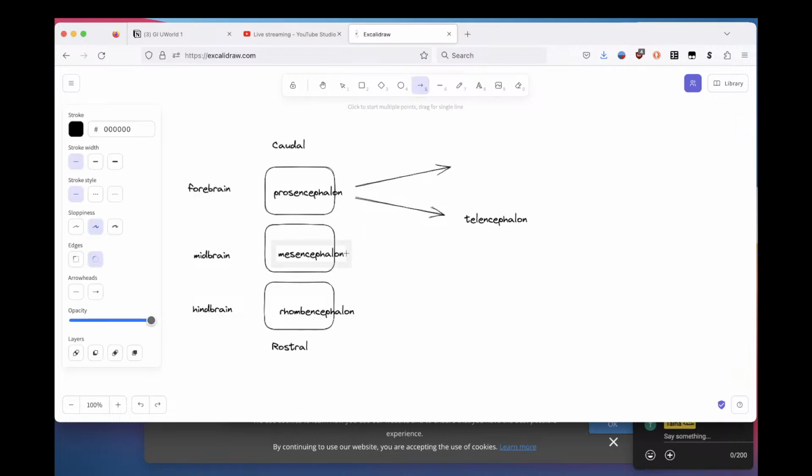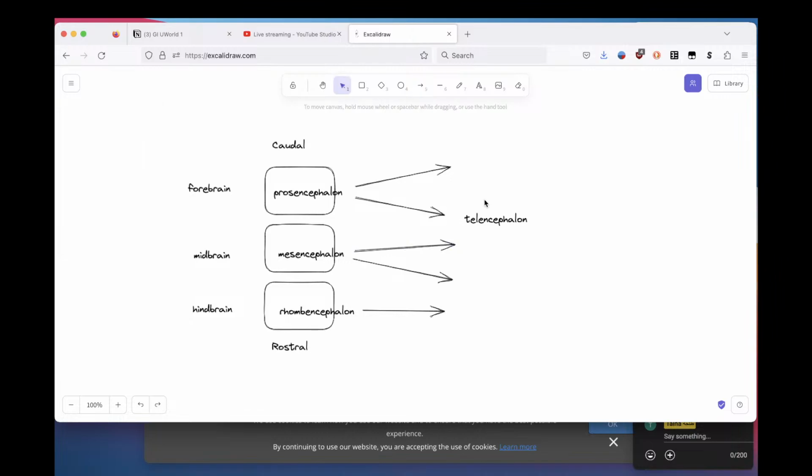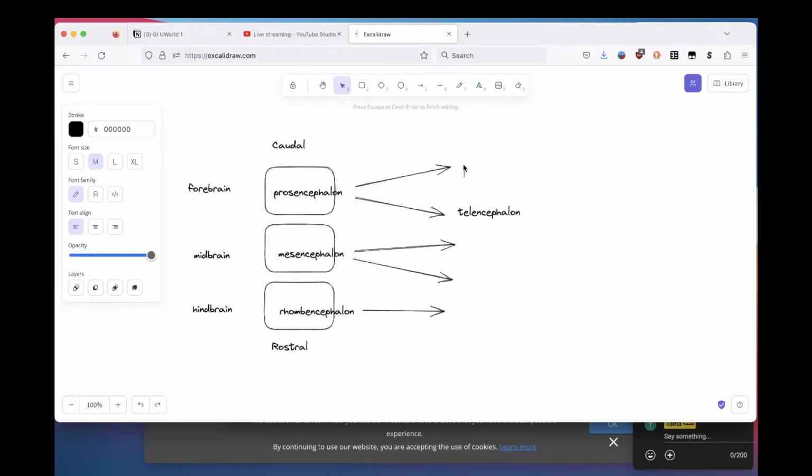And then this goes into its own thing also, and this also. And I'm pretty sure this turns also into two things. So we have the telencephalon here, and what is this one called? Diencephalon, maybe? The diencephalon.